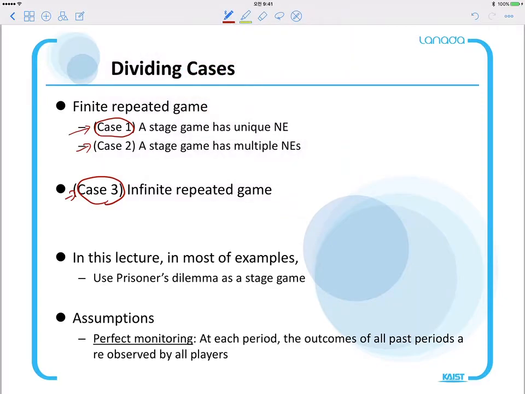Case 2 we can study in the future. Then we will see how the result differs when we have a finite game or an infinite game, and also compare the results between those two.